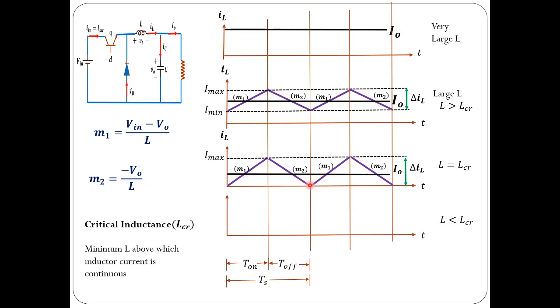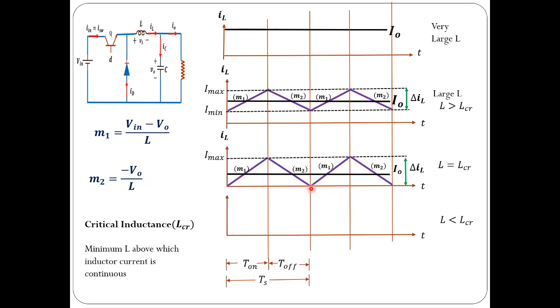Immediately the next switching period starts, the switch is turned on immediately, and the current rises again. There is no time gap between reaching 0 and rising again. So it is a situation where the inductor current is just continuous.